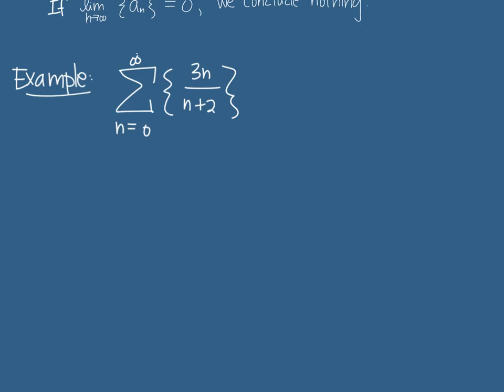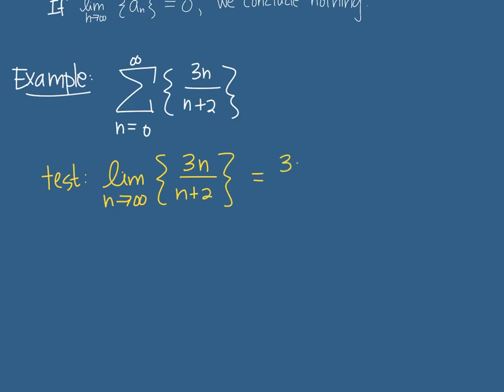All right, so we're going to check it. We'll do our test. We take the limit as n approaches that upper bound of infinity of the general term. We plug infinity in. We get 3 to the infinity over infinity plus 2, which is infinity over infinity, which is what? Indeterminate.